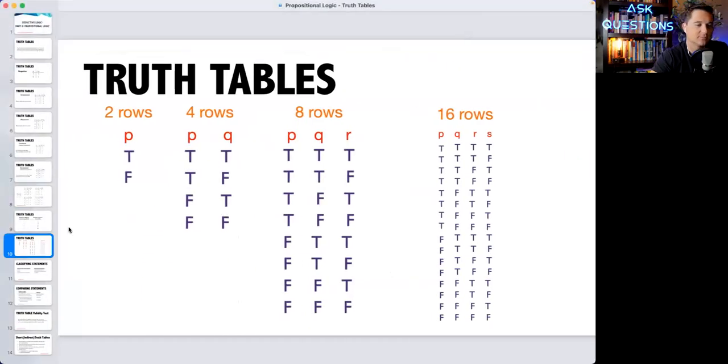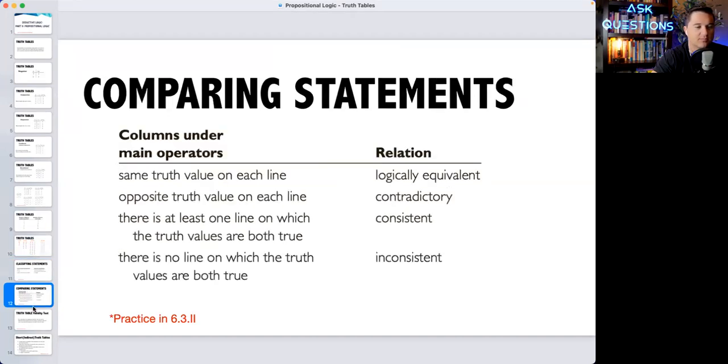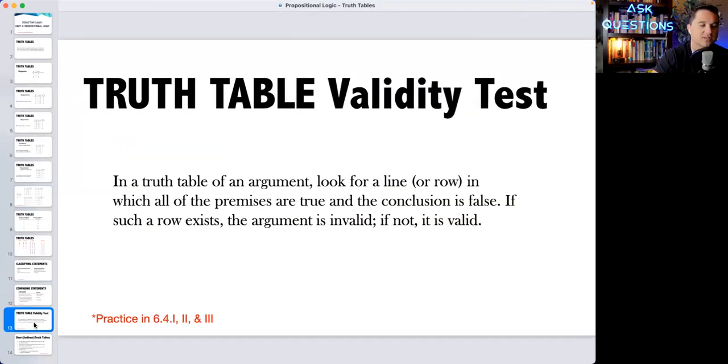Awesome. So we classified statements. We learned how to compare them. We know about consistency and inconsistency. And so all we have left is to use truth tables for possibly their most powerful use.